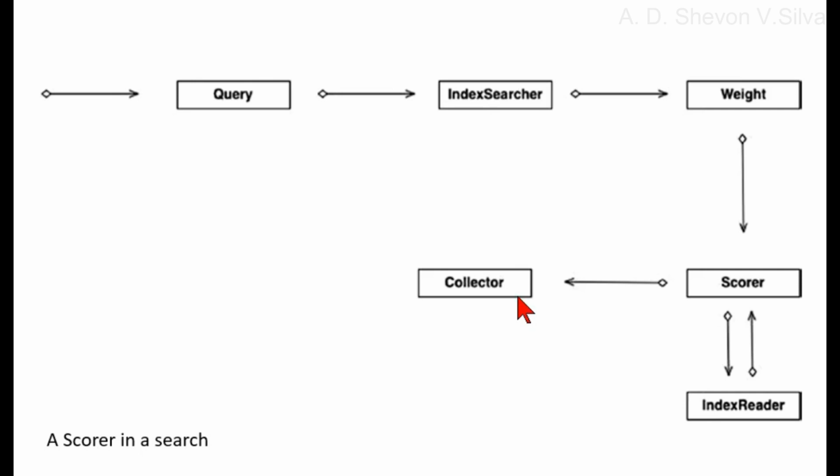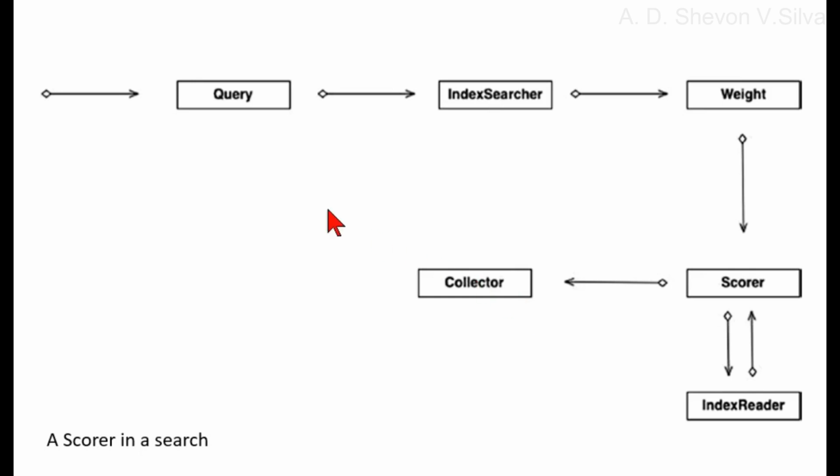Interface Collector in org.apache.lucene.search. Expert: the collectors are primarily meant to be used to gather raw results from a search and implement scoring or custom filtering, collation, etc. Lucene score collectors are derived from the Collector and SimpleCollector.